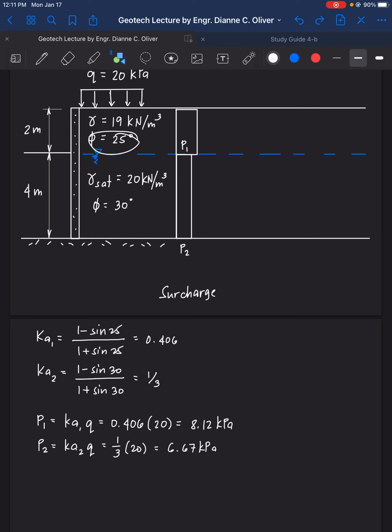So the uniformly varying for F sub 3. Let's have a uniformly varying here. This is P sub 3.